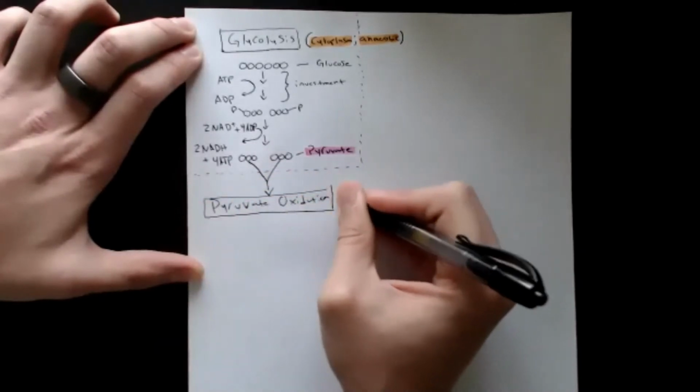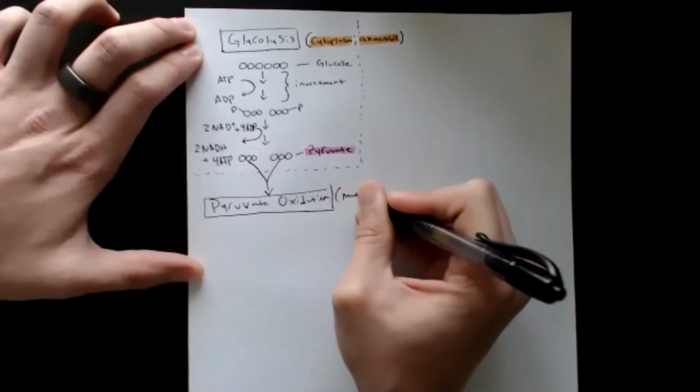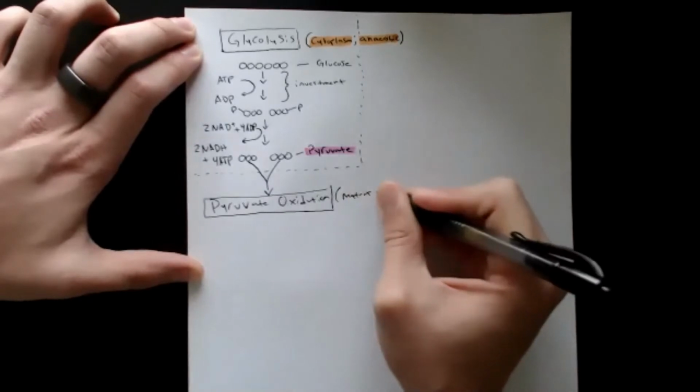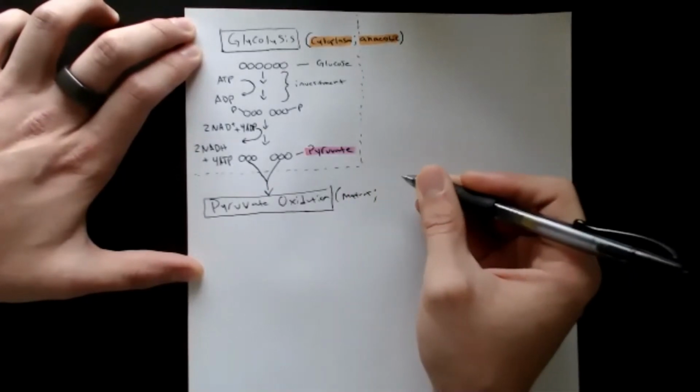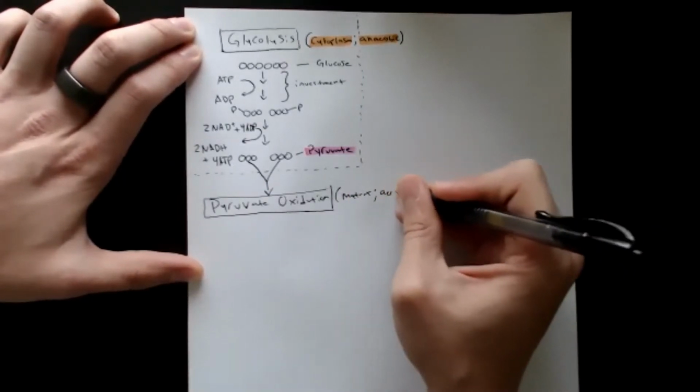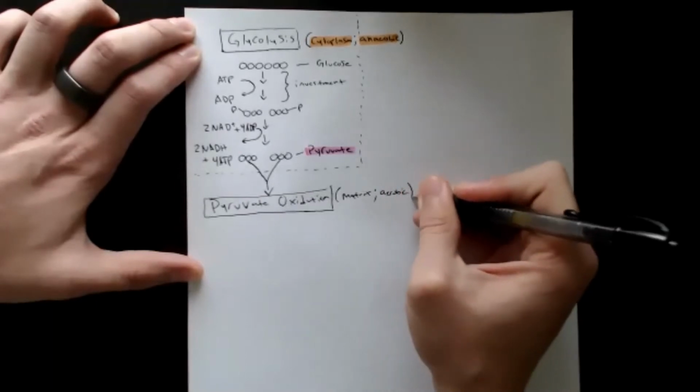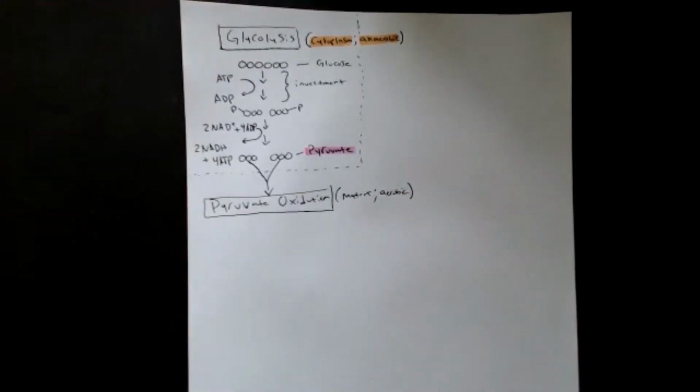Remember, this is going to happen in the matrix of your mitochondria, and this is the first aerobic phase. Now, we don't necessarily consider it aerobic because it's using up oxygen, because in this phase we're not necessarily using up oxygen, but it will not happen unless there is oxygen present.